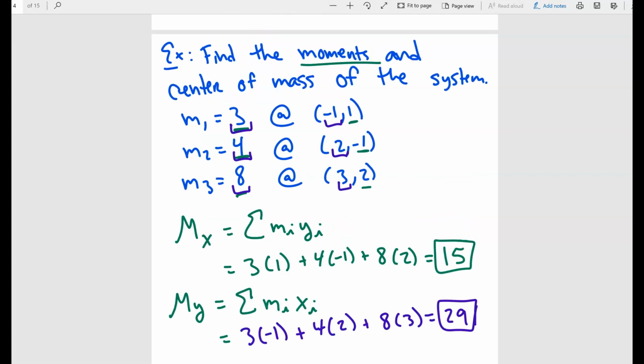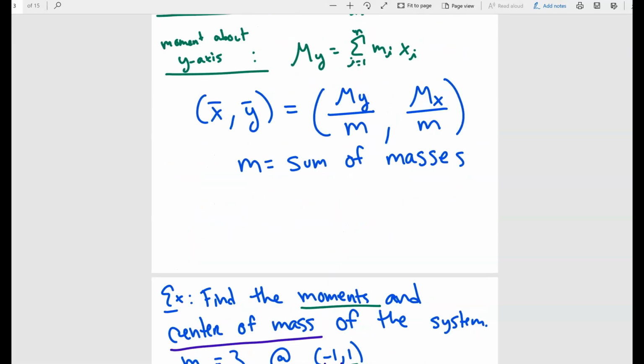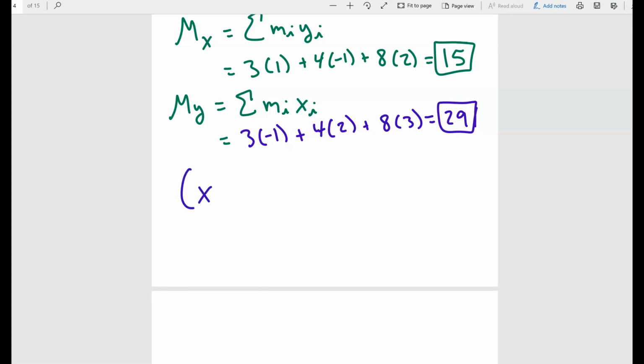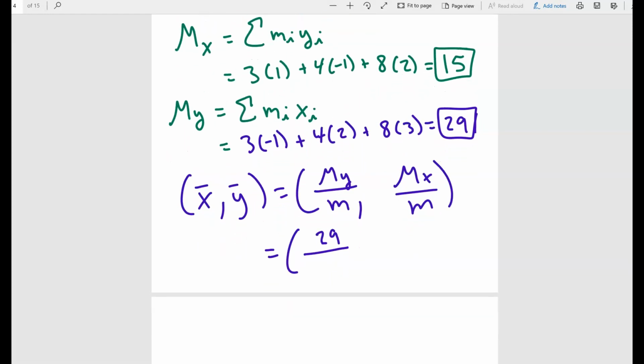Now all we have to do is find the center of mass. So we know that the center of mass has this formula: x bar, comma y bar, is equal to the moment in the y direction over the sum of the masses, comma, the moment in the x direction over the sum of the masses. So the first one is going to be 29 divided by the sum of the masses, which in this case is 3 plus 4 plus 8.